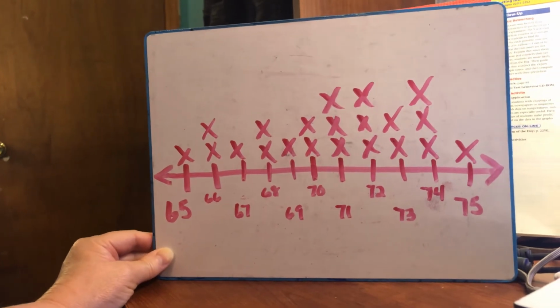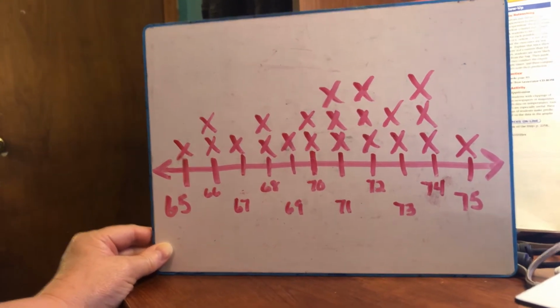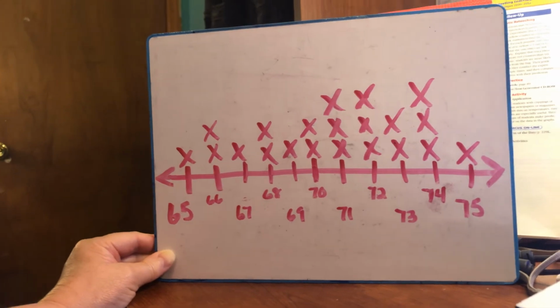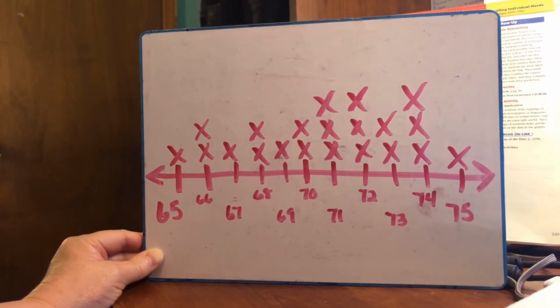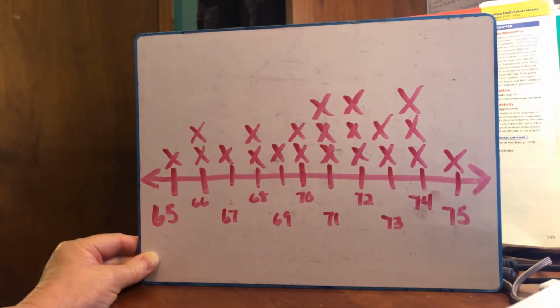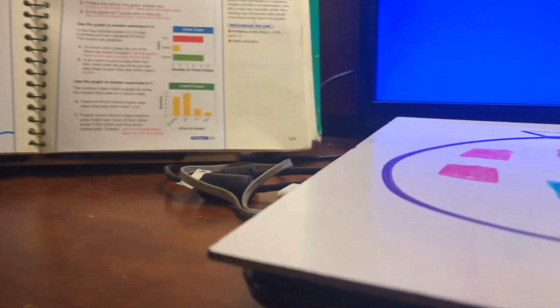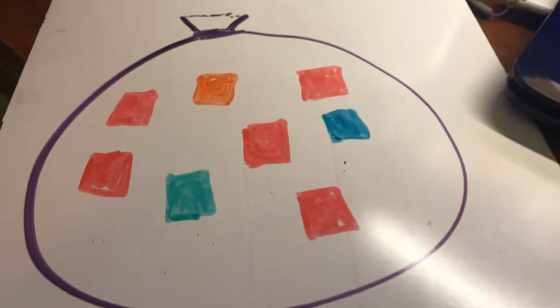They are just an educated guess based on what you already know. When we're in science, we call that a hypothesis. In math, we're calling it a prediction. Okay? All right. So, since more of those X's were on the 70s side, we probably would make a prediction that the next day would be also in the 70s.